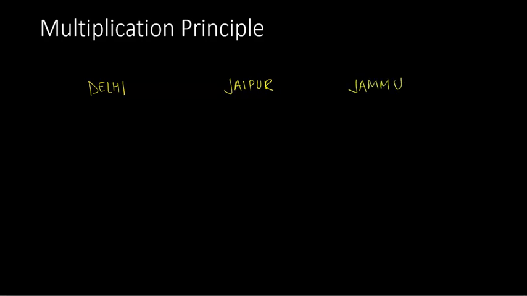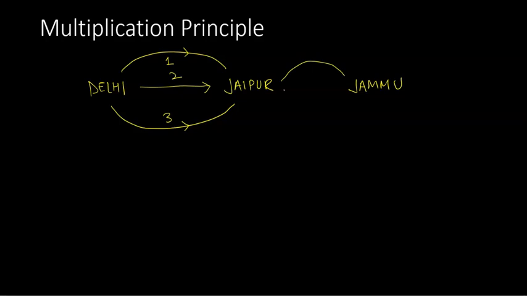To go from Delhi to Jaipur, there are three possible roads, three possible highways you can take, numbered highway number 1, highway number 2, highway number 3. From Jaipur to Jammu you can travel through two different highways, numbered highway number 4 and highway number 5.